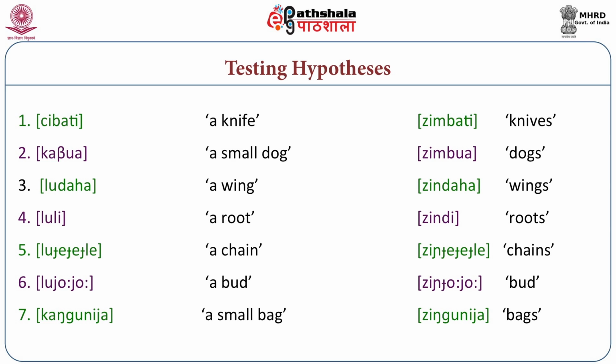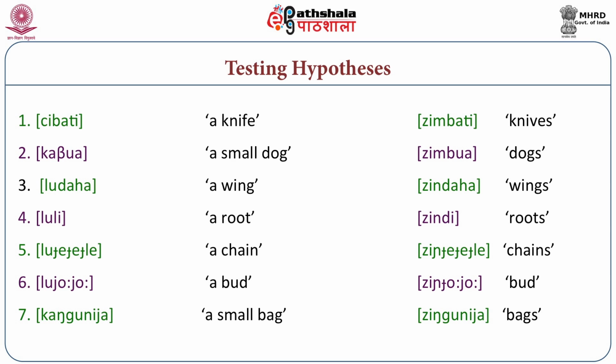Notice that in the odd numbered words, namely 1, 3, 5, and 7, the stems are bati, daha, jejele, and gunia. In both the columns, we find the same morpheme.